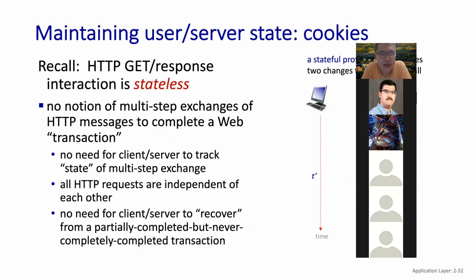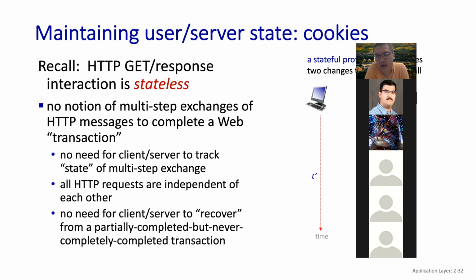Okay, and after that, let's see some cookie things here. Still remember we said that the HTTP request-response interaction is stateless, right? It's stateless because we don't want to keep track of states of HTTP messages.